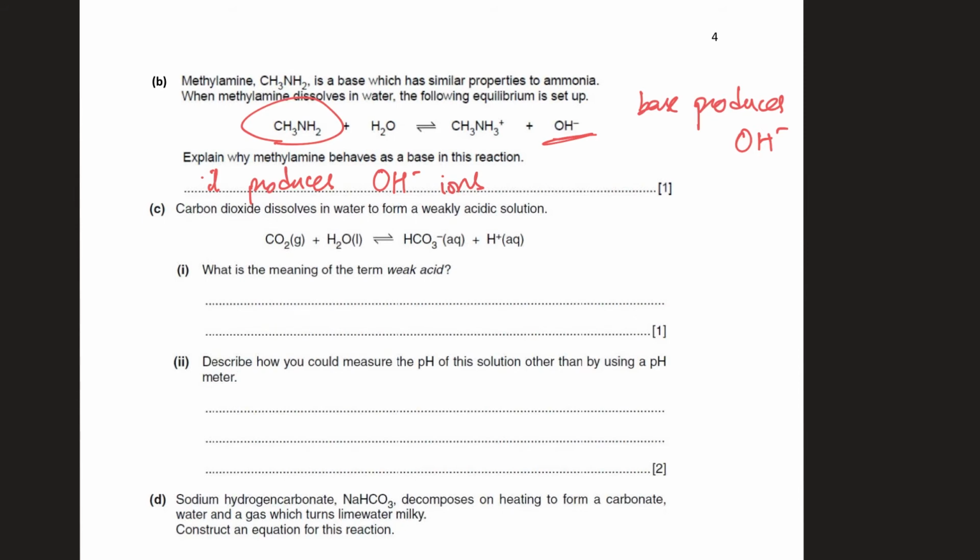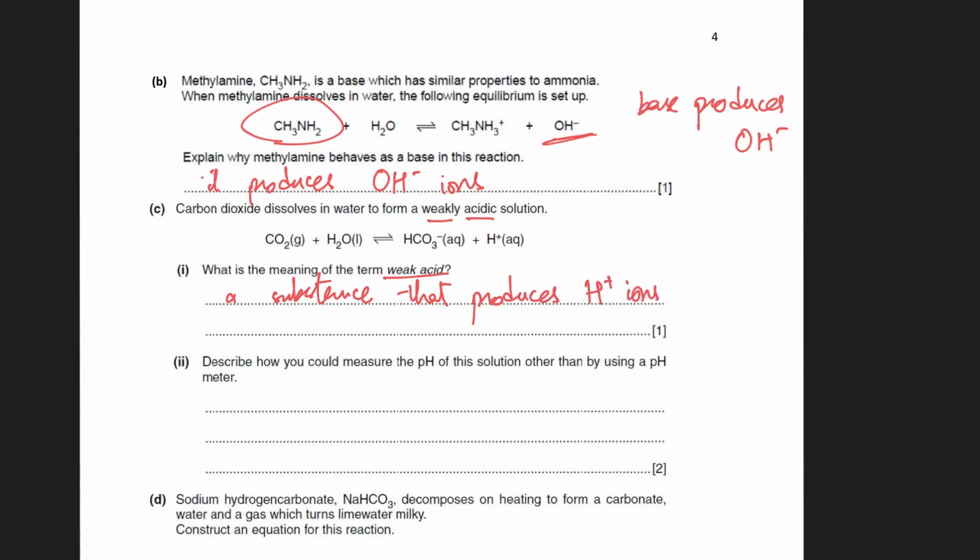Carbon dioxide dissolves in water to form a weakly acidic solution. So there are two terms here, weak and acidic, and the question is also asking us about that. So remember that weak is anything that ionizes partially, and acid is anything that produces H positive. It's a 1 mark question, so it doesn't hurt to explain both of them. So what is the meaning of the term weak acid? It is a solution or a substance that produces H positive ions.